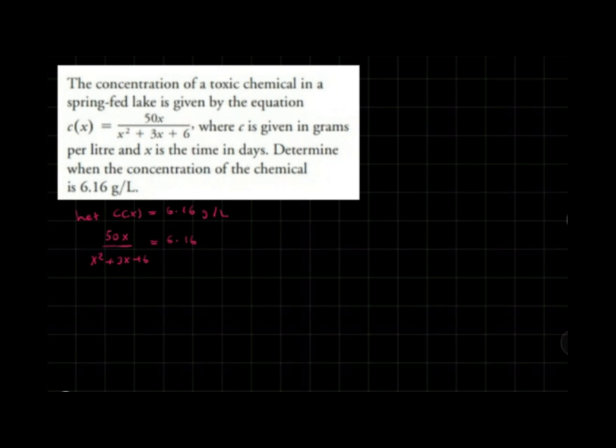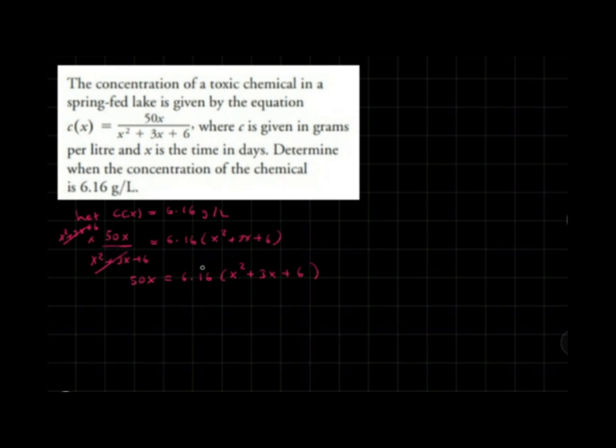Now what you want to do here is cross multiply, or basically multiply both sides by x squared plus 3x plus 6, which cancels out. So 50x is equal to 6.16 times x squared plus 3x plus 6, right?